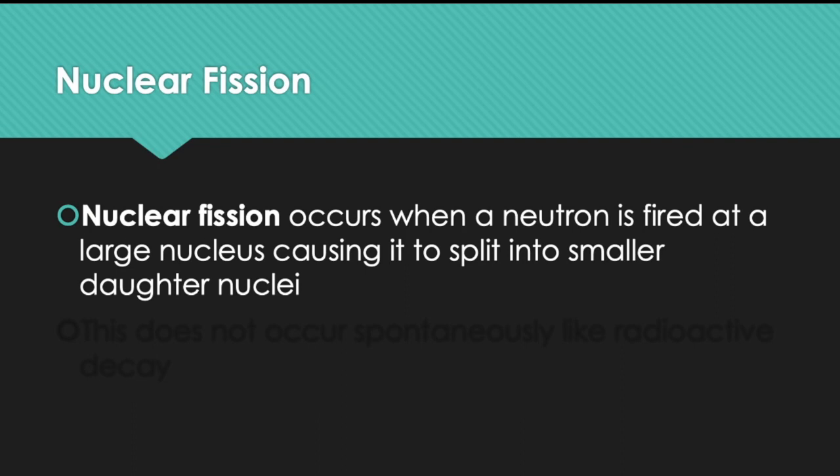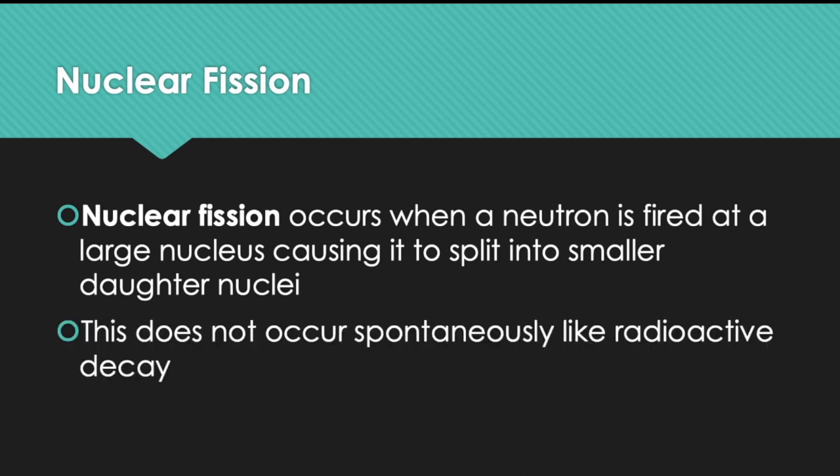The main difference between fission and radioactive decay is that radioactive decay is a spontaneous process. These isotopes are just naturally unstable and will eventually release their excess energy. Fission is a man-made process that we have to initiate by firing a neutron.